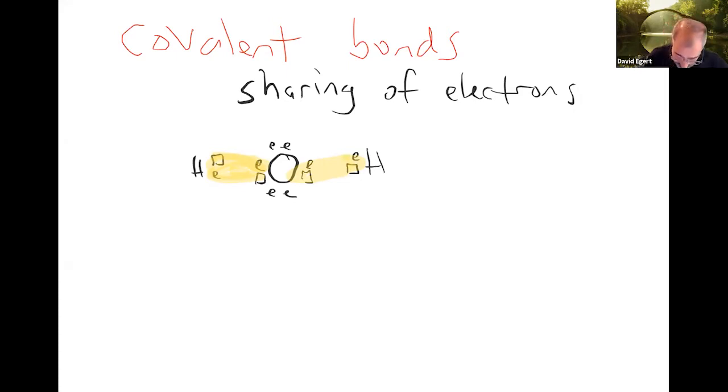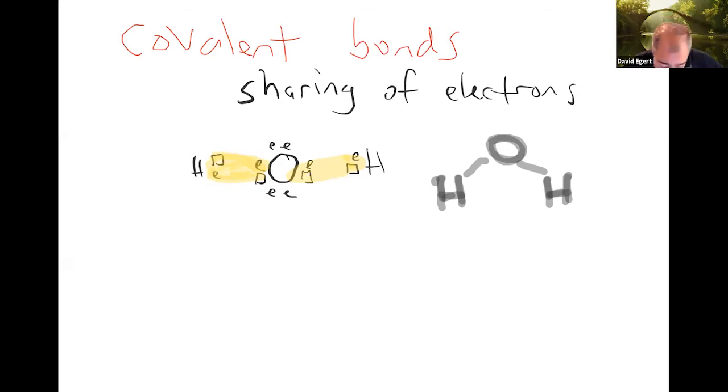And they all sit together. When they're chemically bonded, we use little solid lines to say this is now a molecule, and these are no longer separate H's and O's. So that is a covalent bond, this sharing of electrons.